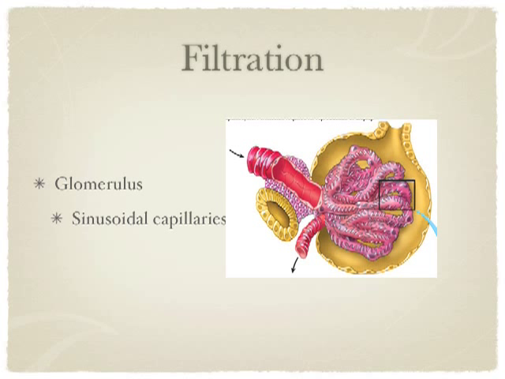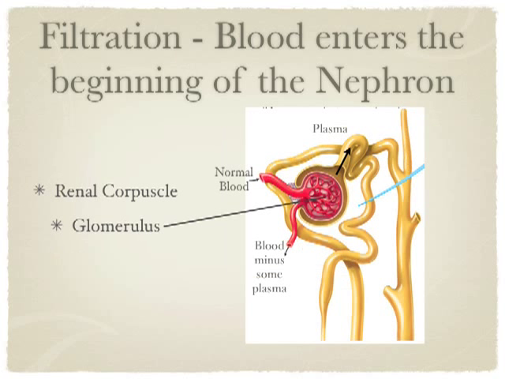So these sinusoidal capillaries are covered with other cells called podocytes. And you can see they sort of have a fringe on them. And these cells then meet and create some slits. And so what we have is between the sinusoidal capillaries and the podocytes, we have a filtration membrane that lets an awful lot of the plasma out, and it collects in that yellow bag-like structure you see around the glomerulus.